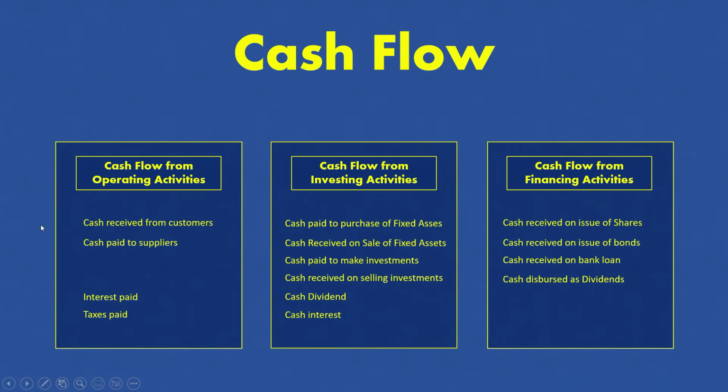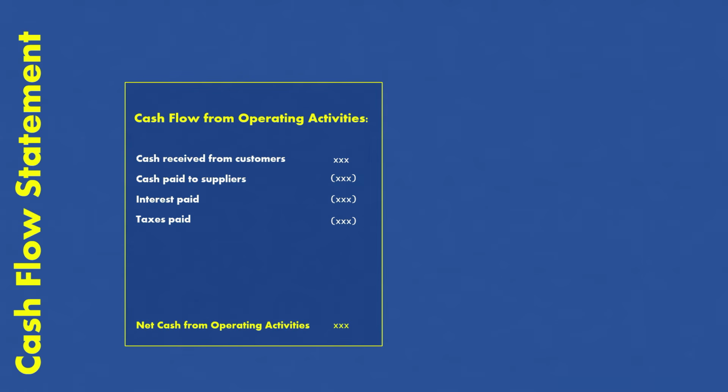In the operating activities, you can see that we are going to say cash received from customers and suppliers, but accounting standards require us to present operating activities a little differently. And what is that difference? Let me explain. So we have seen this part of cash flow, that is operating activities, that begins with cash received from customers.